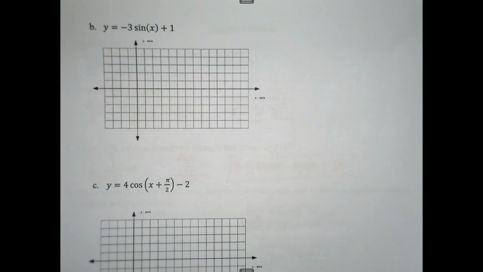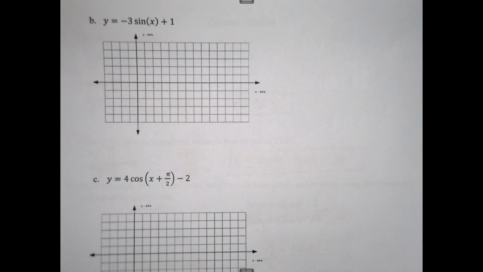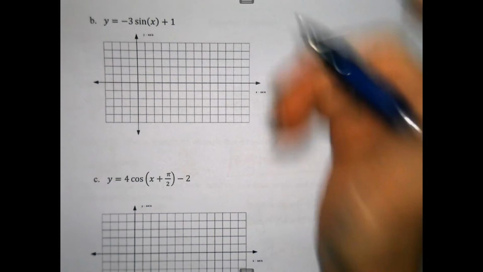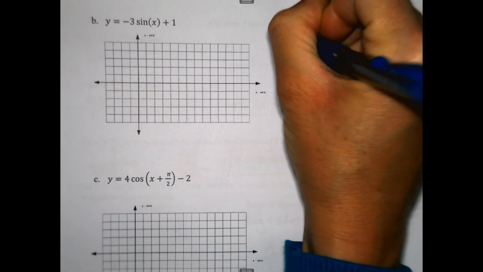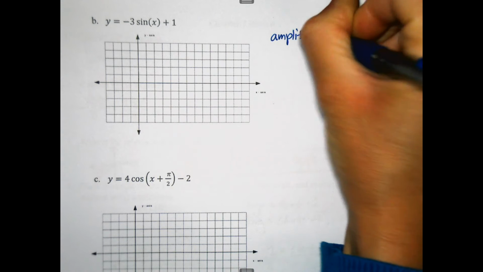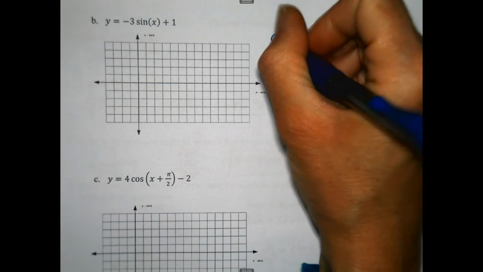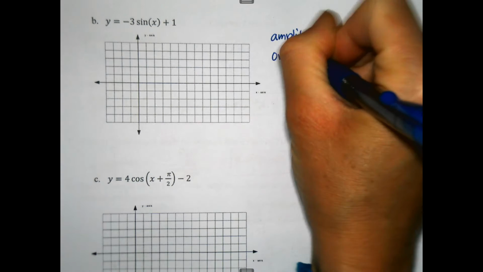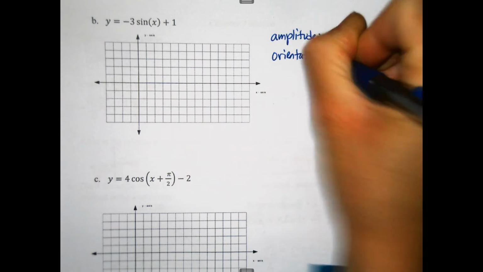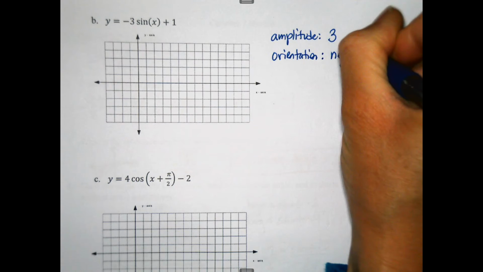Part B wants us to graph -3 sine of x plus 1. So again, let's list out what's happening. We have an amplitude of 3. Remember, amplitude is always positive. Our orientation is negative.